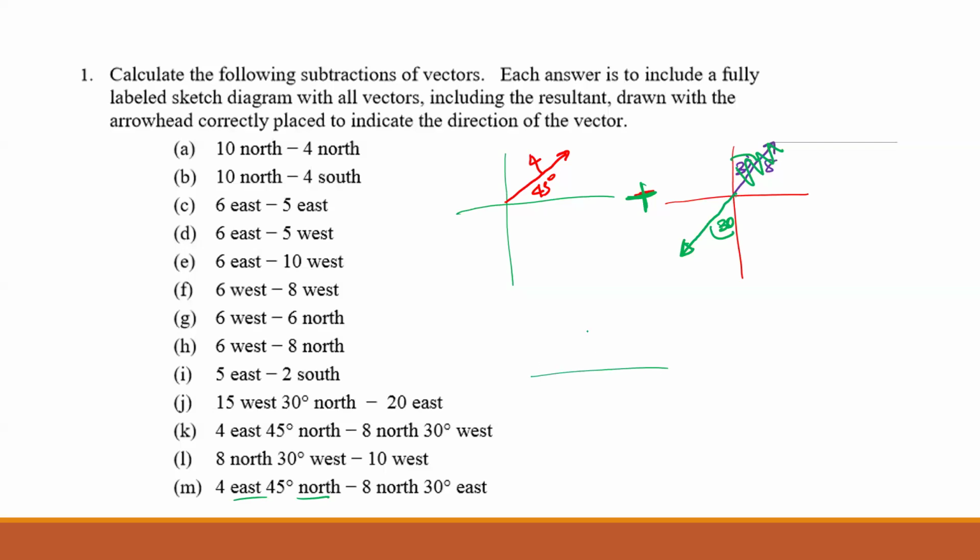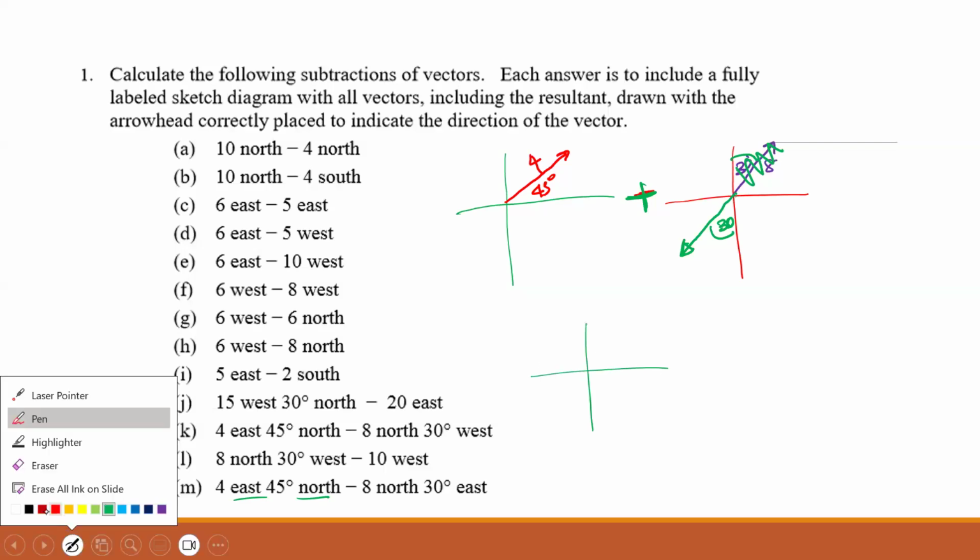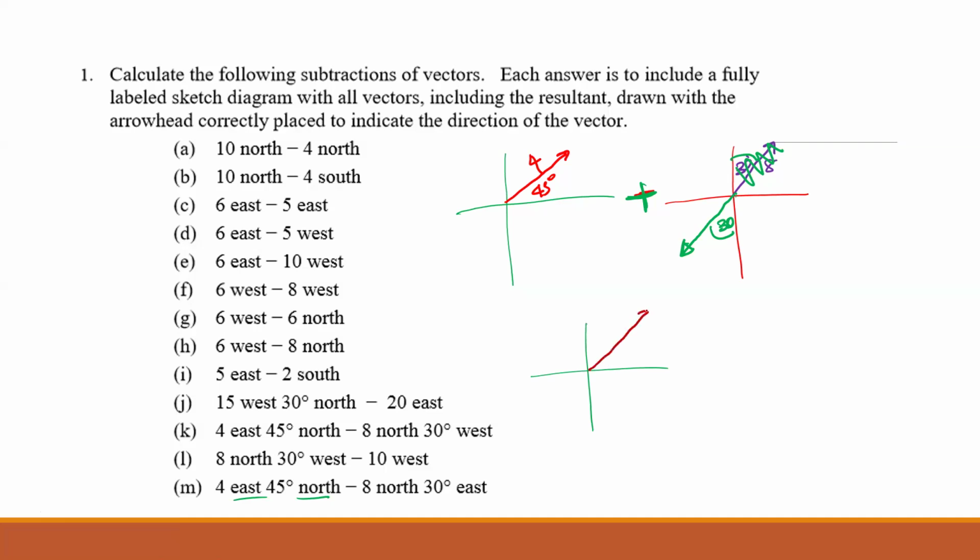Now you can draw the vector polygon, so vector triangle. So you are drawing this one 45. Then from here, you are drawing this one. It's like this. Am I right?